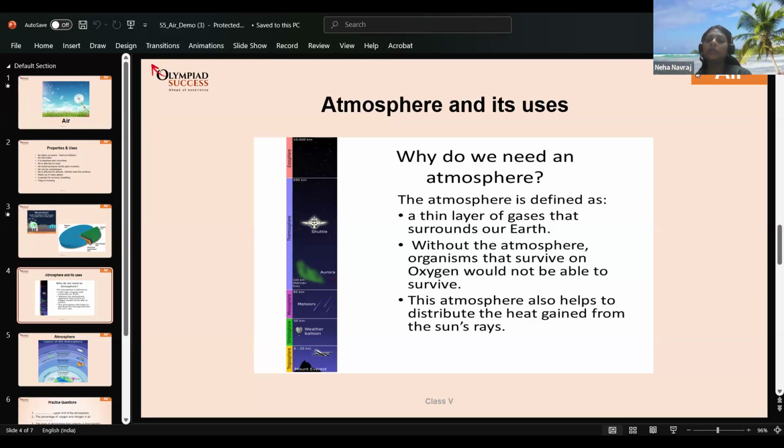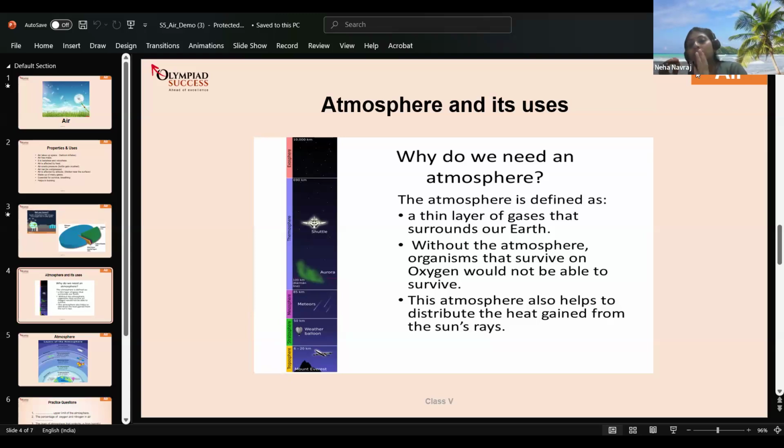Now, this atmosphere also helps to distribute the heat gained from the sun's rays. Do you know what an ozone layer is? I know what it is, but I can't explain it. Okay, no worries.